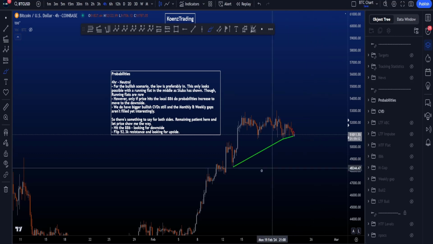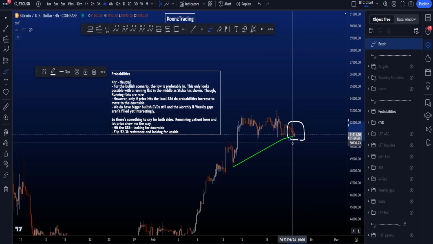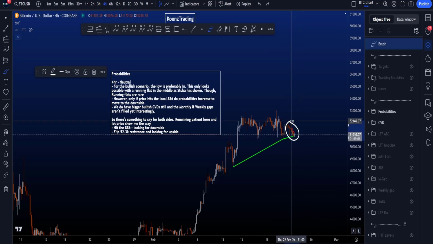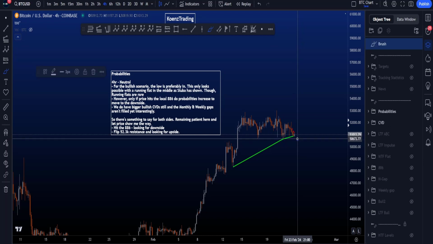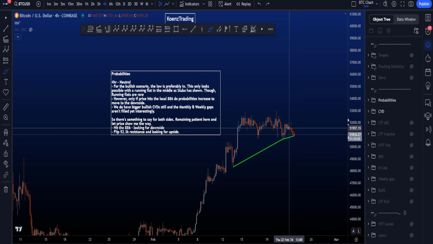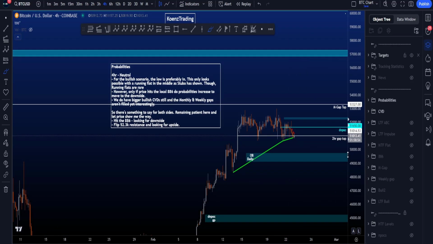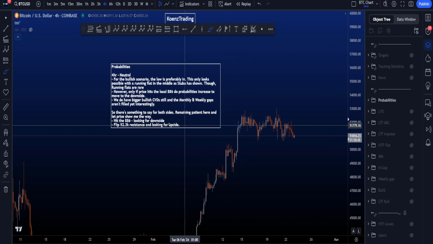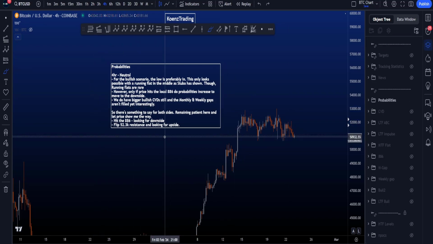We do have the bigger bullish CVD divergences here, but we have to keep in mind the local 3 to 5 minute bearish CVD divergences that are building every time with every little bounce, and these are more important. So therefore, only if price can invalidate those bearish CVD divergences, flip some resistance areas into support, can I be looking for a continuation to the upside and fill the monthly gap as well as the weekly gap. So there's pretty much something to say for both sides.